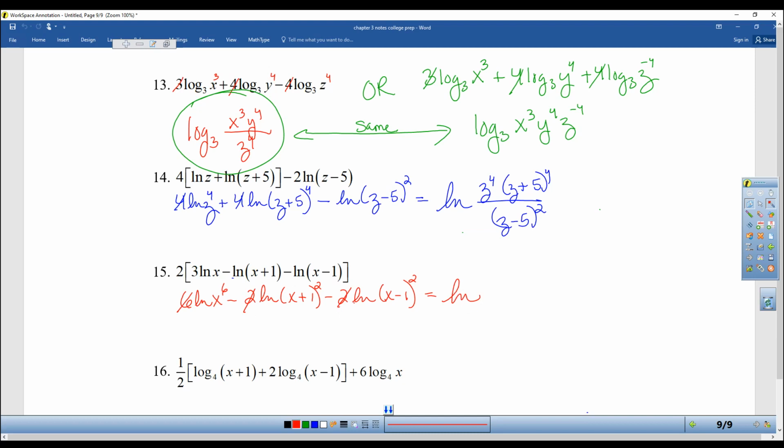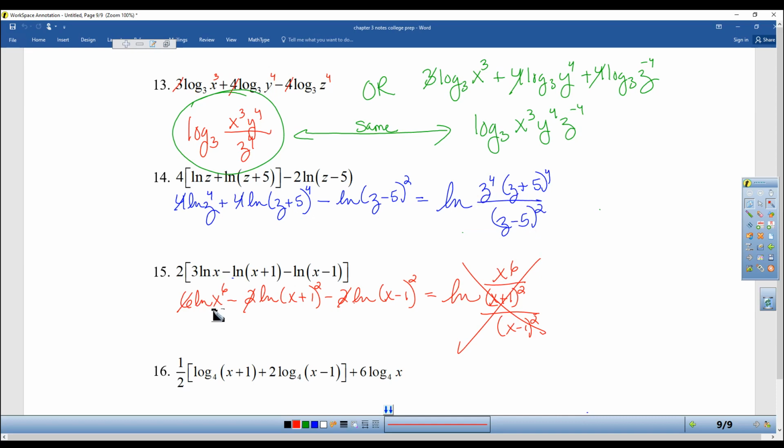It's hard because I have 2 divisions. So sometimes people do this over x plus 1 squared, and then they're like, oh, I have to divide again. You do not want to do that. Think about it. When you had 2 things being multiplied and 1 thing being divided, you just put the 2 multiplied things on top and the 1 divided thing on the bottom.